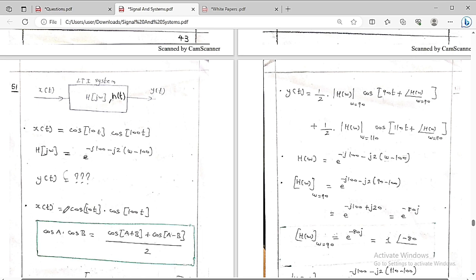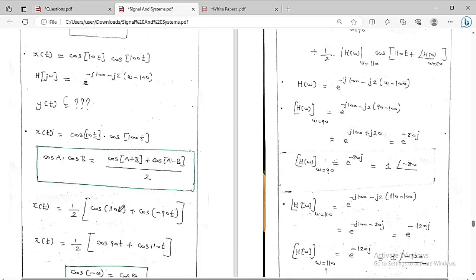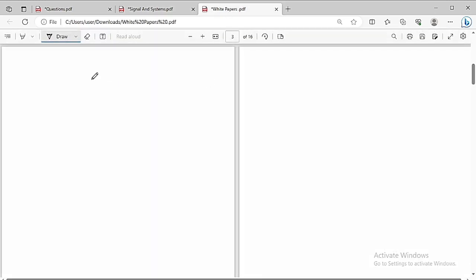What is x of t? Cos 10t into cos 100t. Now I am going to use this formula: cos a into cos b is nothing but cos of a plus b plus cos of a minus b, divided by 2. I have already told you the basic formula: cos of a plus b is equal to cos a into cos b minus sin a into sin b.